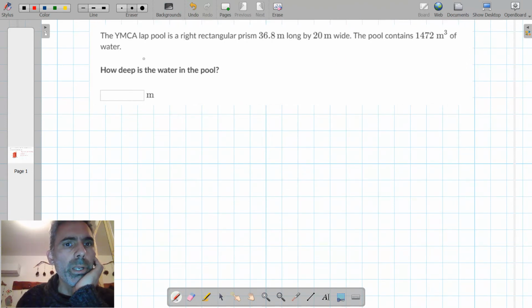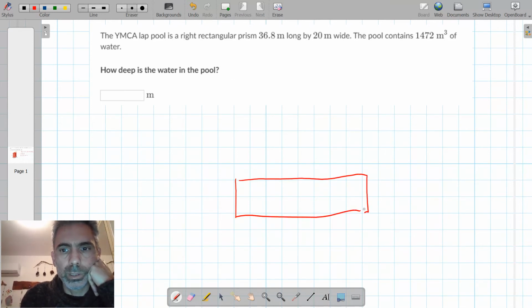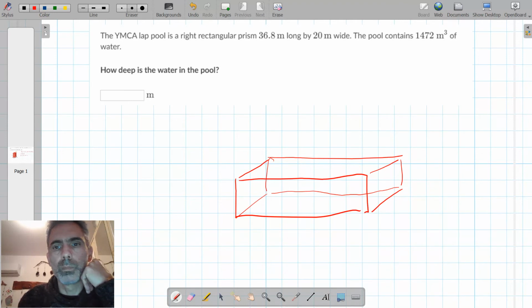The YMCA pool is a right triangular prism. Okay, so let's say this is the pool.